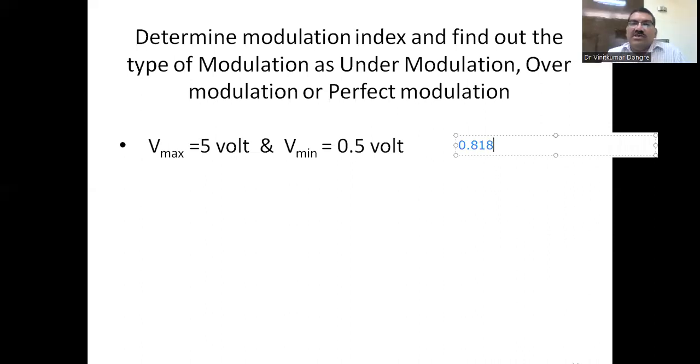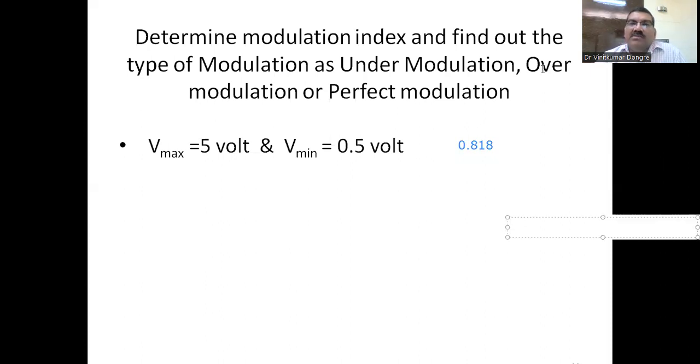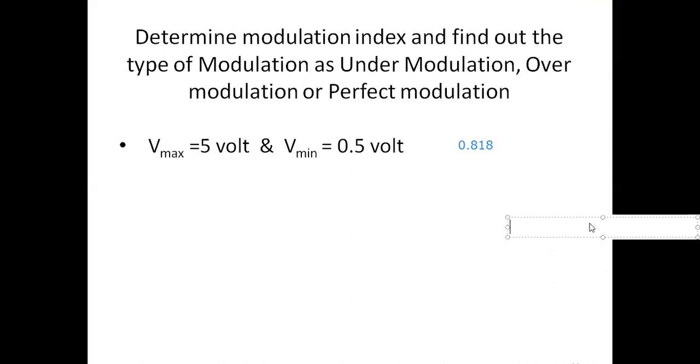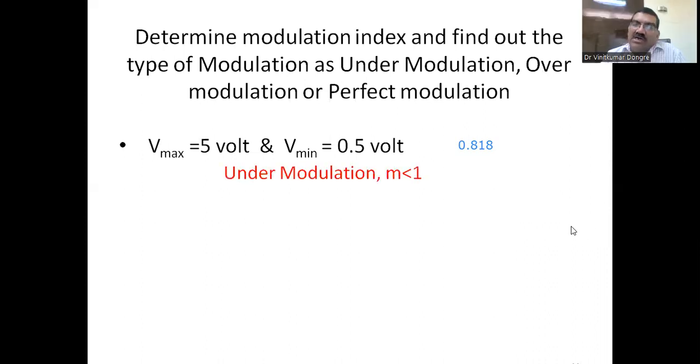So m equals 0.818, which is 4.5 divided by 5.5. 0.818 is less than 1, so it is under modulation. Got it? Simple concept.